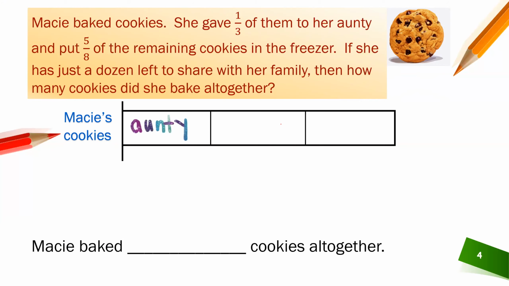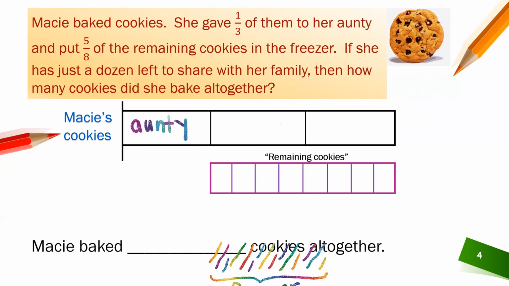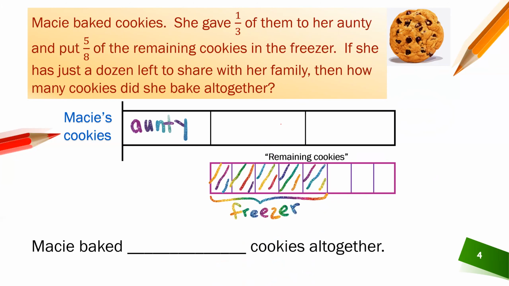She gave a third to her auntie. So I'm going to show a third of it to her auntie, 1 equal part out of 3. Then she put 5/8 of the remaining cookies in the freezer. So I'm going to copy down that remainder, which is in the purple box there. Okay, and 5/8. So I'm going to show 8 equal parts. Have 5 in the freezer, and then the rest of it is a dozen, which is 12.